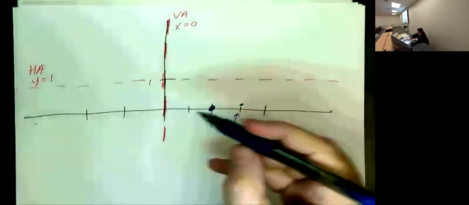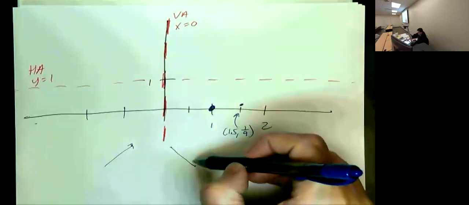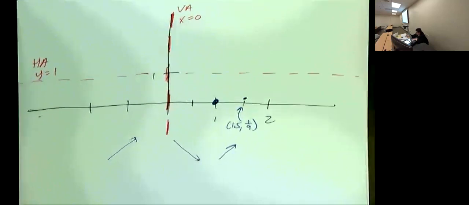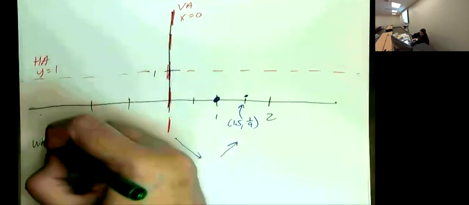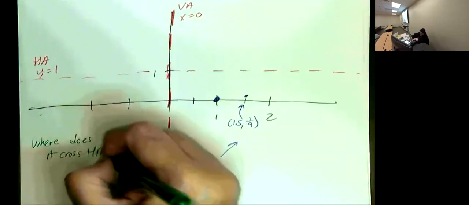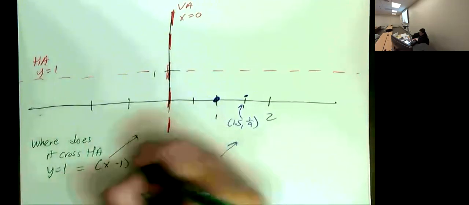We know it's increasing till there, it's decreasing till the intercept, and it's increasing here. We can actually find where it crosses the horizontal asymptote, which might make this sketch a little bit better. Where does it cross the HA of y equals 1? Well, set the original equation to that and solve.